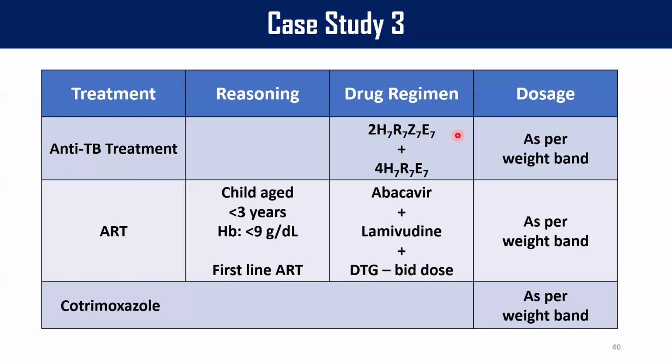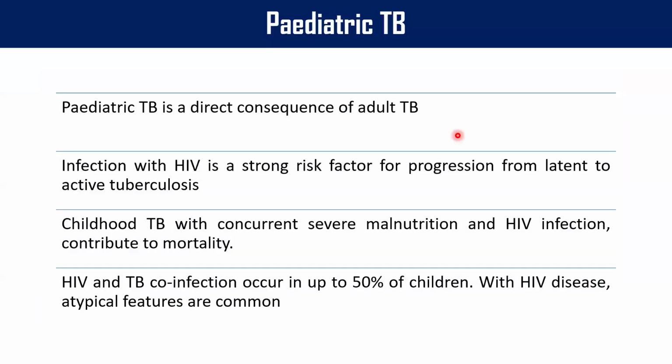So the regimen will be abacavir, lamivudine and DTG, and you have to modify the regimen by giving an additional dose of DTG in the morning. So you will have to give double dose of DTG in this child. And if this child is already having a CD4 of less than 350 and age is also less than 5 years, you have to give cotrimoxazole prophylaxis as per the weight band.